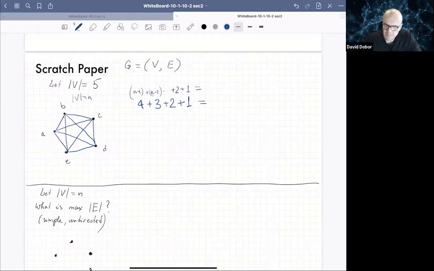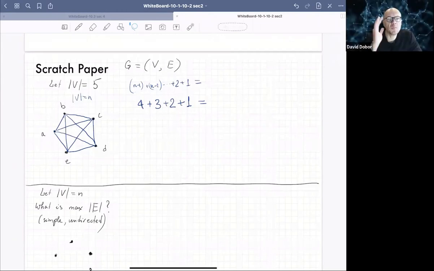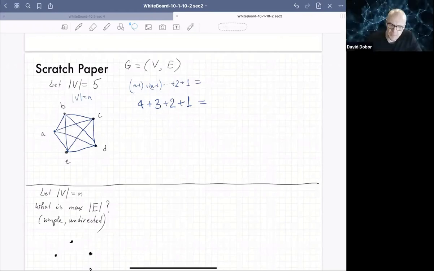What was the sum? N minus 1 factorial? No, factorial is the product of those terms. Okay, so I'm summing up those terms. I just want to know what the sum is. 1 plus 2 plus 3 plus 4 plus and so on, plus n minus 1.